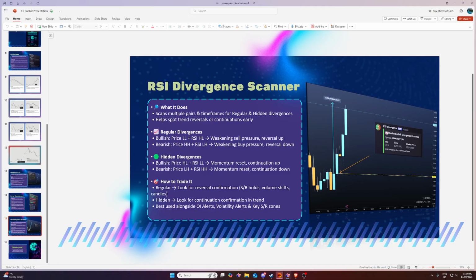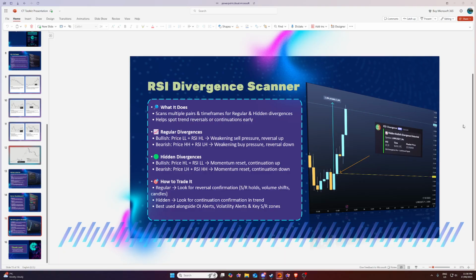They don't really pop up too often, especially on higher time frames like the 4-hour or the daily time frame. So that's why I find this scanner very useful. It saves us a lot of time with these sort of confluences that don't happen that frequently. And I find that in particular, hidden divergences on higher time frames are very effective.